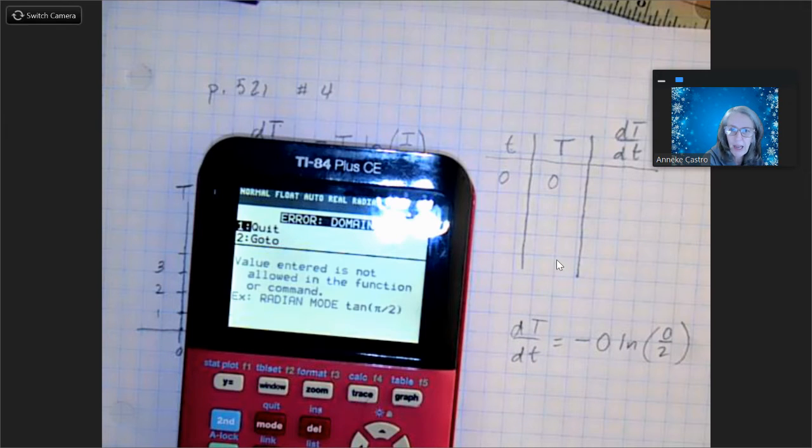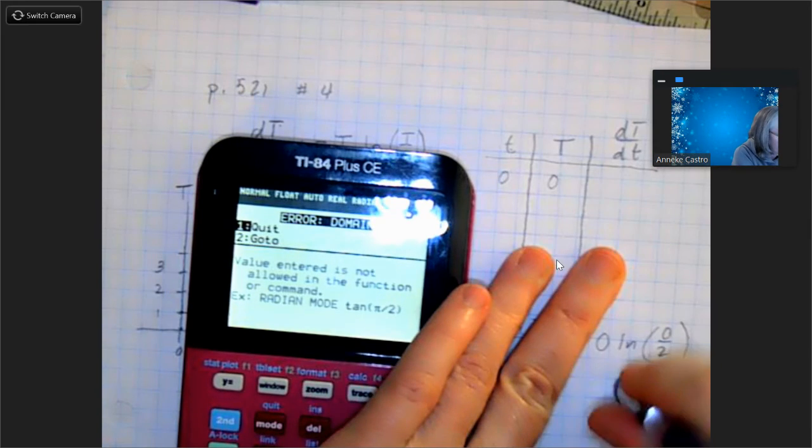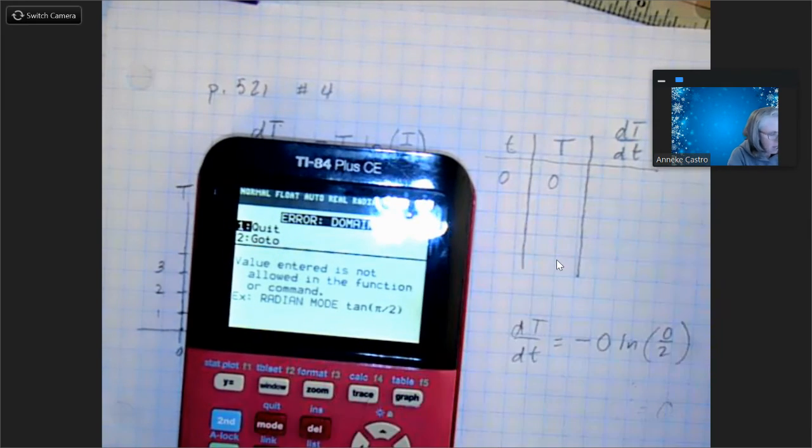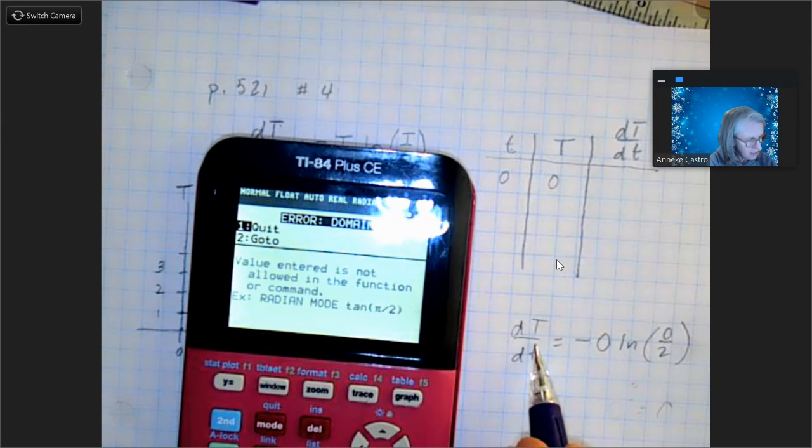Error domain. It's undefined because you cannot take the natural log of 0. There is no such thing as the natural log of 0, because that would be asking e to the what is equal to 0. That's impossible. So our slope is undefined at 0, 0.